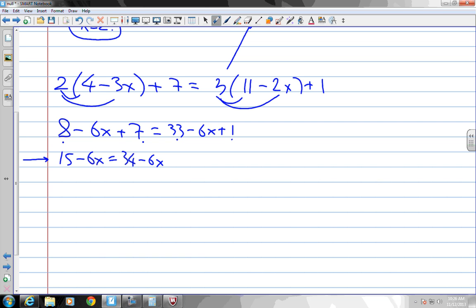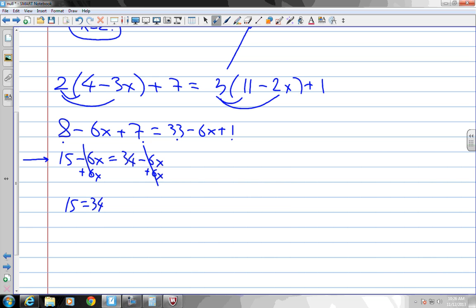But if I keep going solving this, because technically I need to get variables on one side, I'll go ahead and add 6x to both sides. So it cancels over here and over there, and now I'm ending up with the statement 15 equals 34. Right? Can I make that statement into an identity? Can I make 15 equal 34?